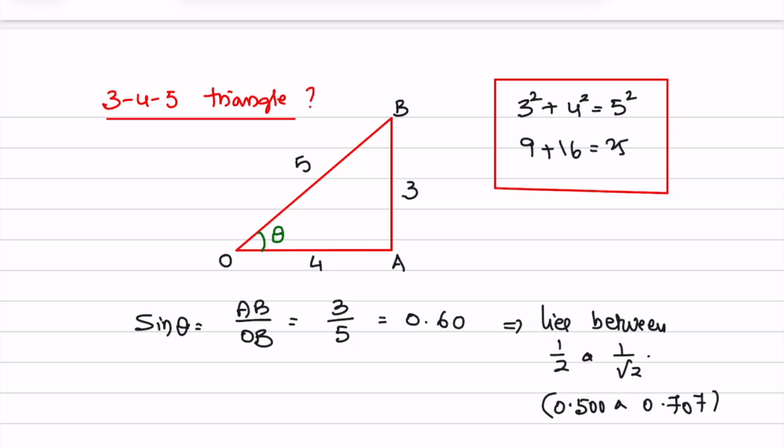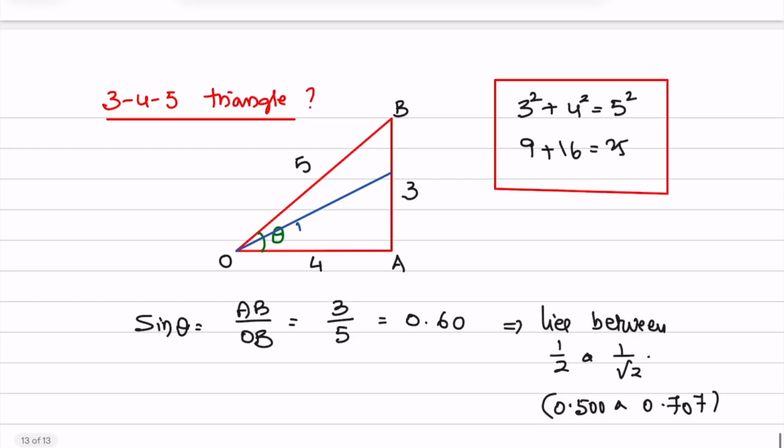Here we say this is 30 degrees, and here we say this is 45 degrees. That means it lies between 30 degrees and 45 degrees.